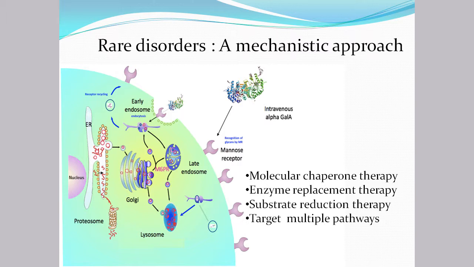The substrate that accumulates can be decreased with ERT, and there are ongoing substrate reduction therapies. We probably also need to target multiple pathways to provide a cure for these patients. Similarly, in Gaucher disease, from cells to the actual organelle, we're moving forward. ERT has been developed as macrophage targeted.